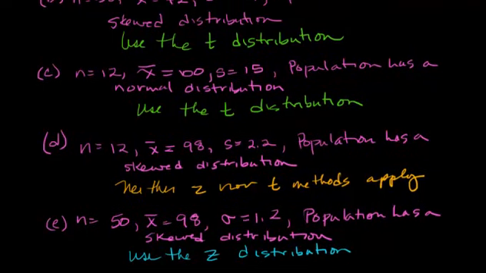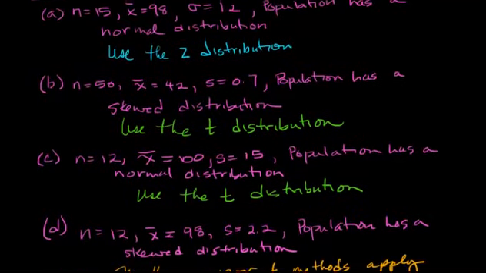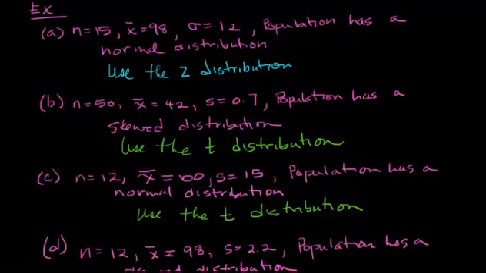Okay, those five examples sort of cover most things. The most difficult part is that in the problem you often don't see the symbols for sigma and s, you just have the words, and it's sometimes difficult if you're reading quickly to determine if they're giving you the population standard deviation or the sample standard deviation. But it's a matter of reading slowly and paying attention to the sentence.